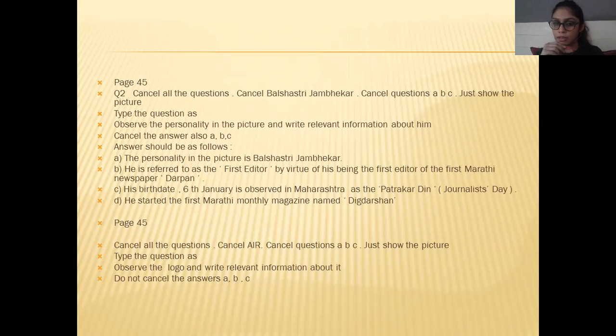The question is going to be, observe the logo and write relevant information about it. Do not cancel the answers A, B and C. Like in the previous question the answers were also wrong, so we cancelled them and corrected them. In this question we do not need to cancel the answers. Answers A, B and C are correct. Only cancel the question 3, and in its place write: observe the logo and write relevant information about it. Point A, point B and point C are absolutely correct.